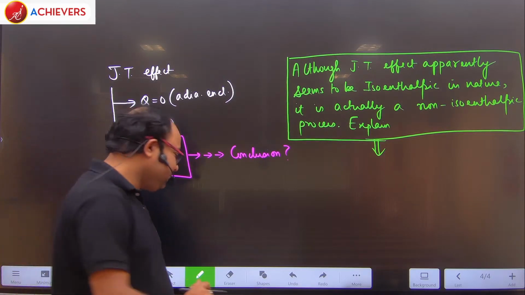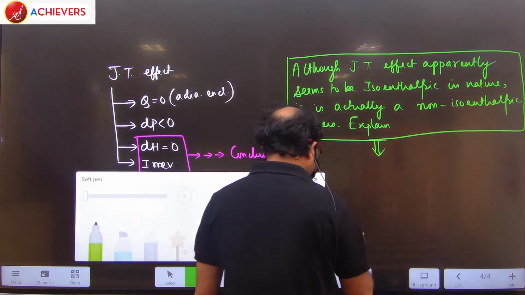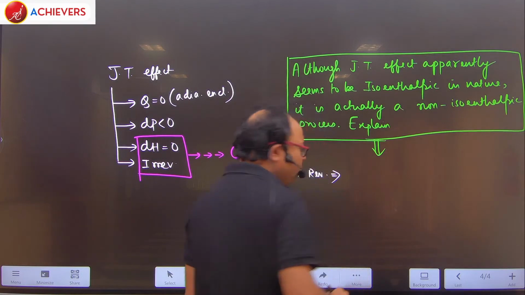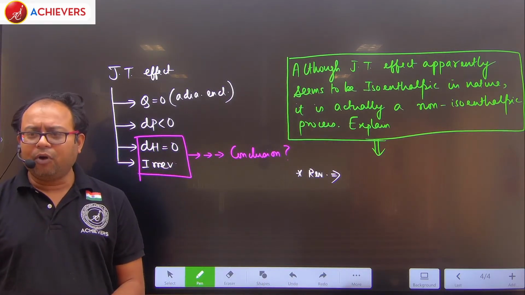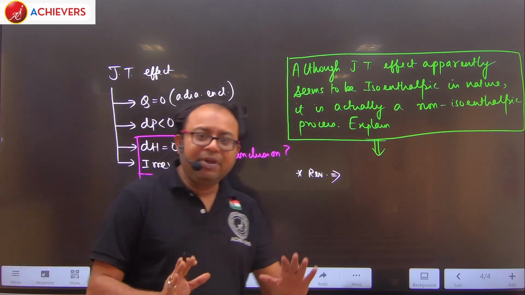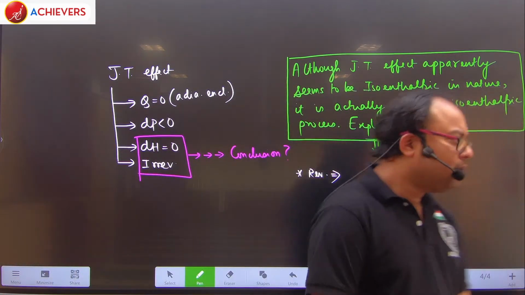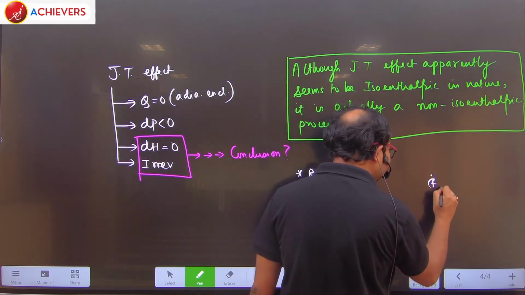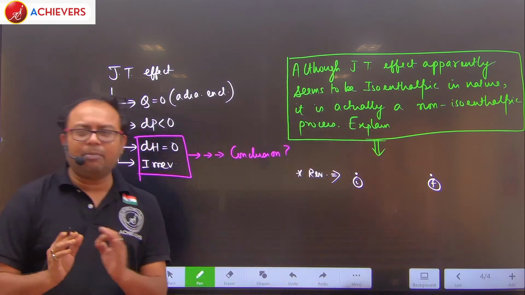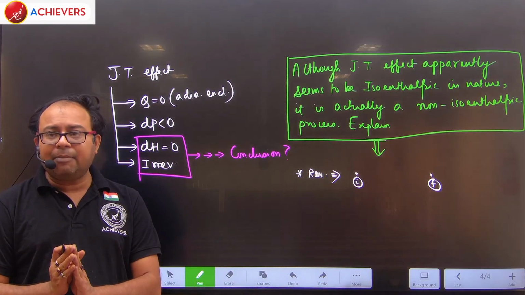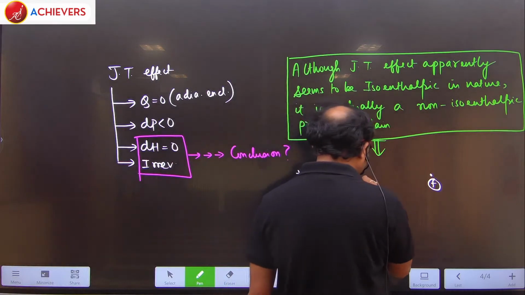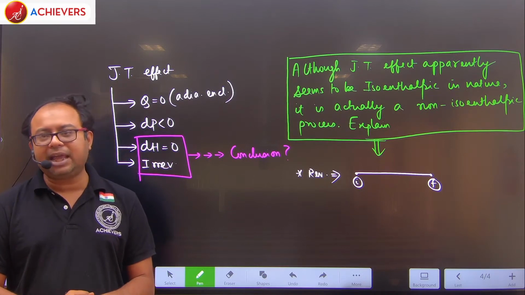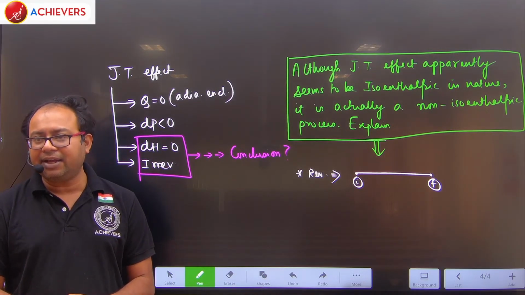You see, for a reversible process, what happens? For a reversible process, you have an infinite number of steps between the initial and the final states.